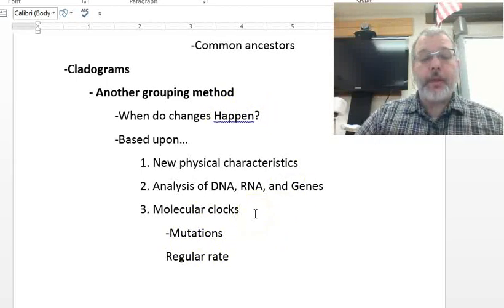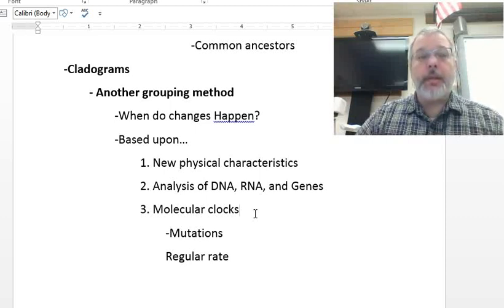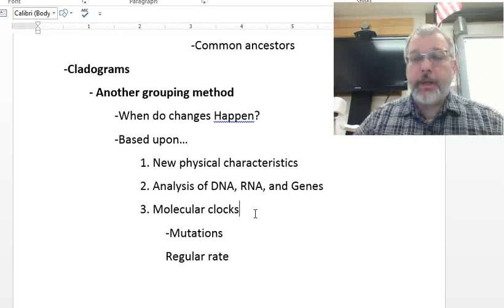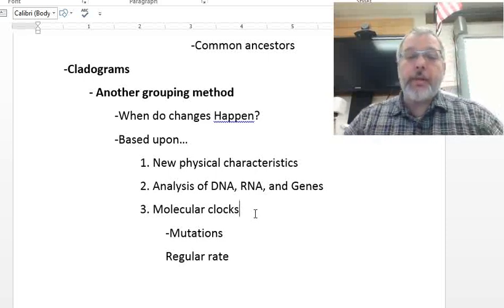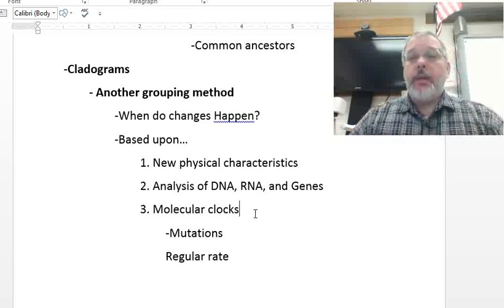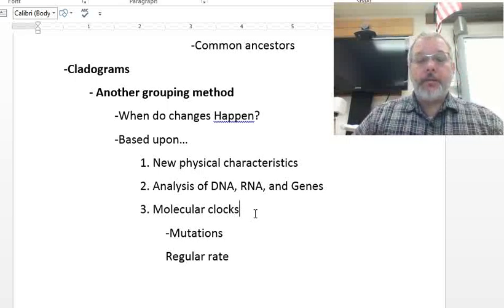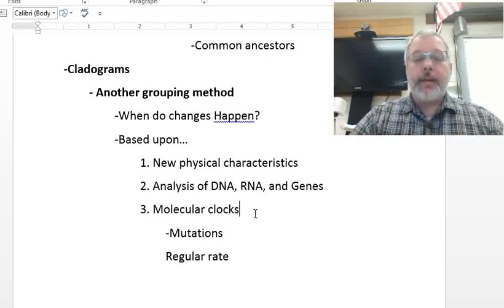And if you understand also the process of how DNA is replicated and how often that occurs, then you would realize that if organisms are really old, then mutations would accumulate over time. And then scientists started to ask themselves, well, maybe there's a regular rate at which this happens. So then they surmised that there was. So then they can try to date how old organisms are, where the common ancestors are, by that idea.